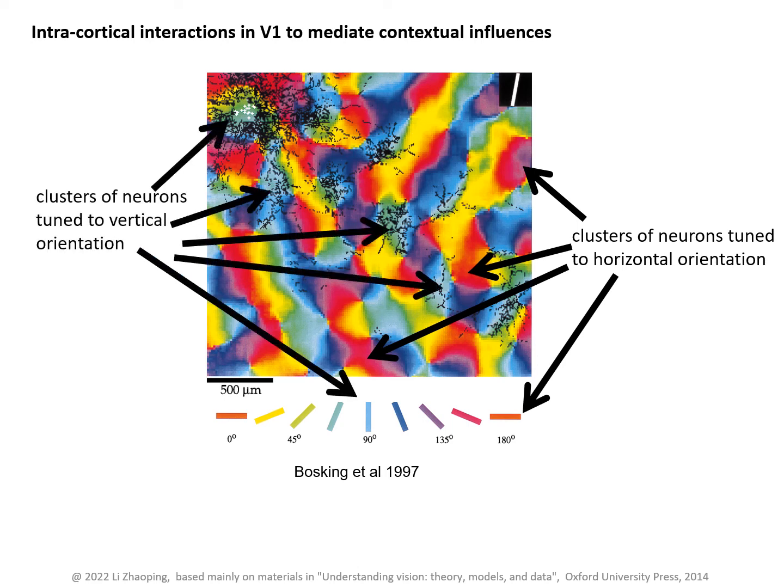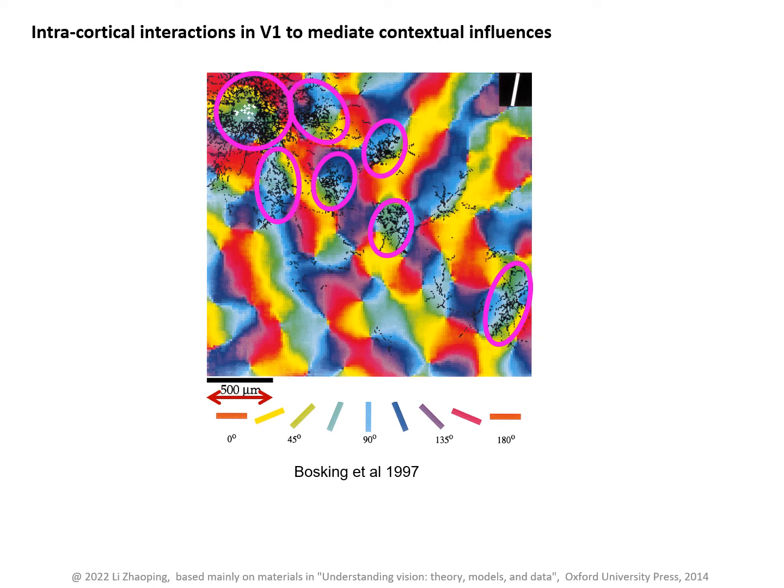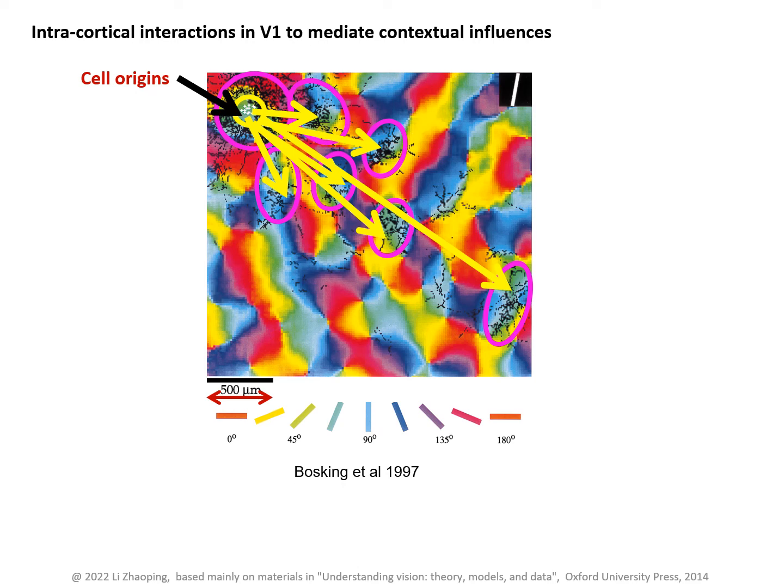The blue-colored patches visualize local clusters of neurons tuned to vertical orientation. These black traces visualize the neural axon terminals originated from neurons in this patch, visualized in a blue-colored patch. This means that neurons in this blue patch interact with neurons up to 2 or 3 millimeters away.